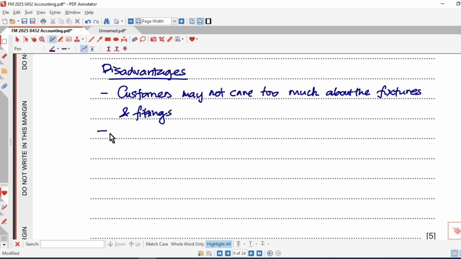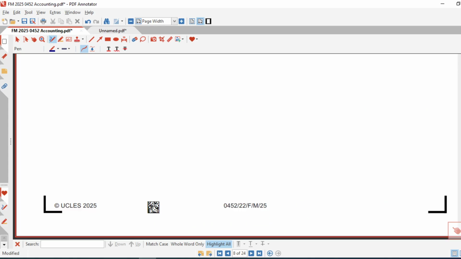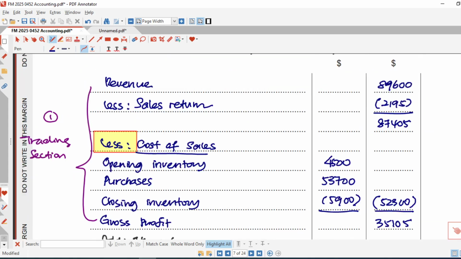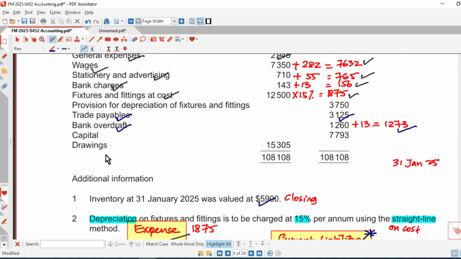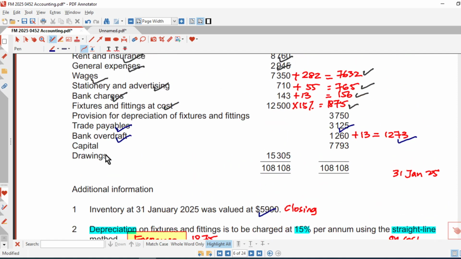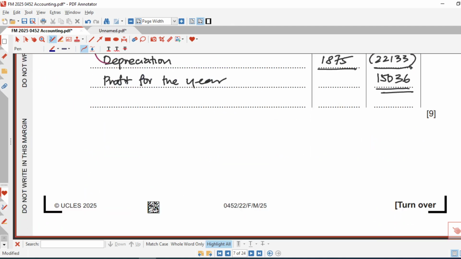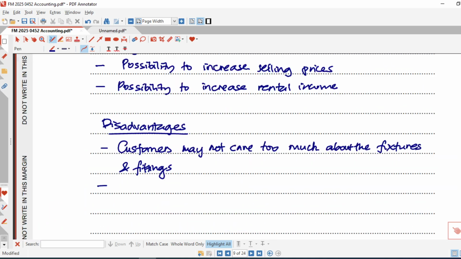Another point that we can take note of here is that the business currently has an overdraft, right? We do have a bank overdraft. So if I purchase new fixtures, new fittings, what's gonna happen? We are going to stress out the current overdraft.